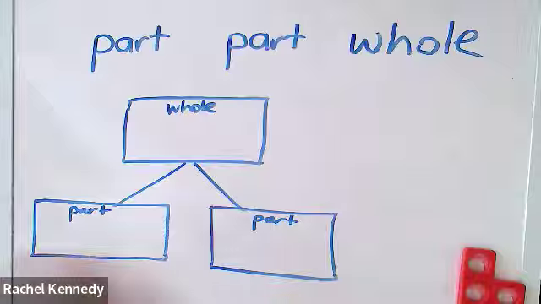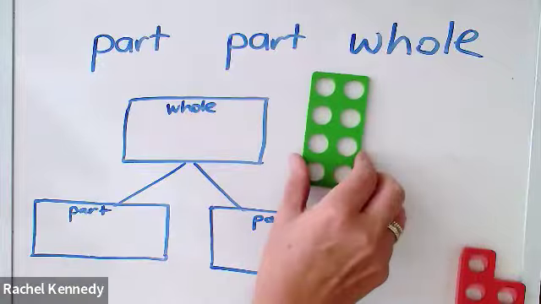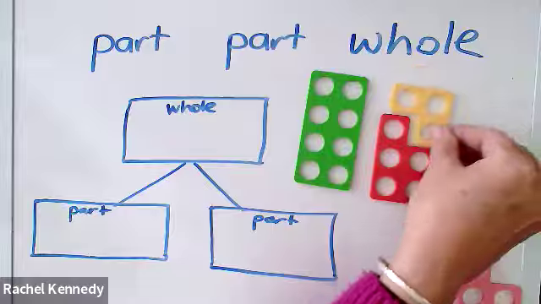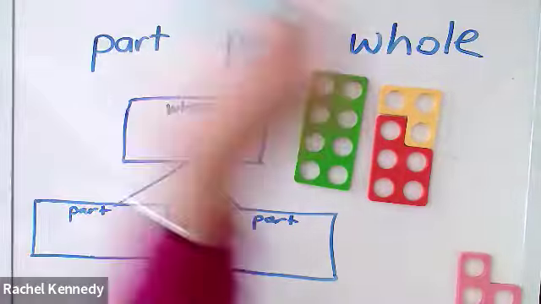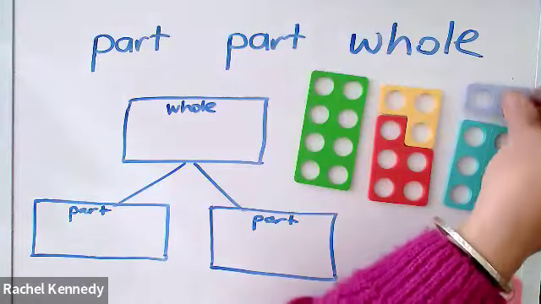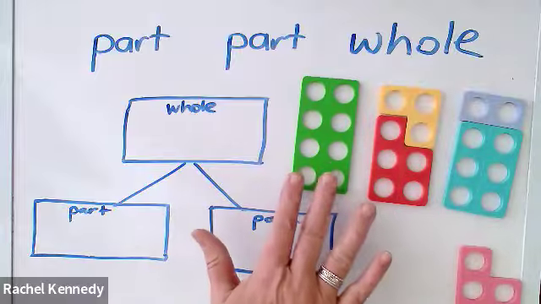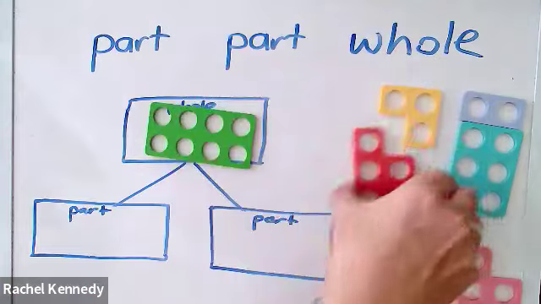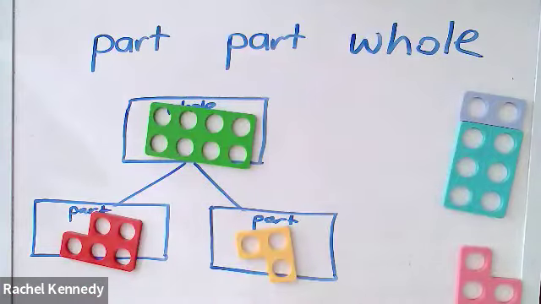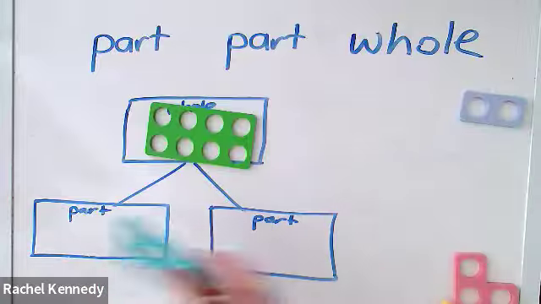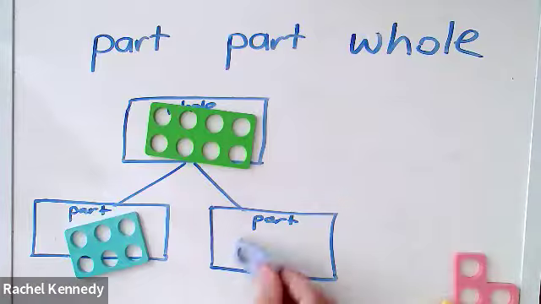So say if I switched out my whole and made it 8, then I could make up 8 either with 2 odd parts, or I could make up 8 with 2 even parts. Okay. Once again, we're looking at all the multiple ways you can make those wholes. So if that's my whole, then this could be one combination of my parts. Or if that's my whole, this could be another combination of my parts.